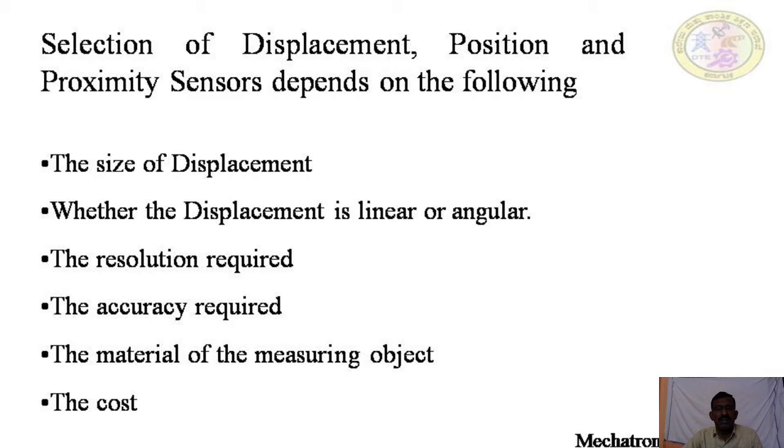Now, what kind of materials are we supposed to use? Whether the object is made up of metallic, composite materials, or ferromagnetic materials, or any other kinds of materials, is also an important factor for the selection of a particular specific kind of sensors in a measurement system.